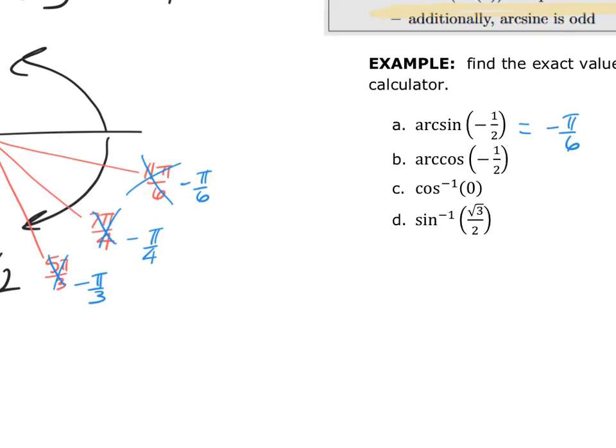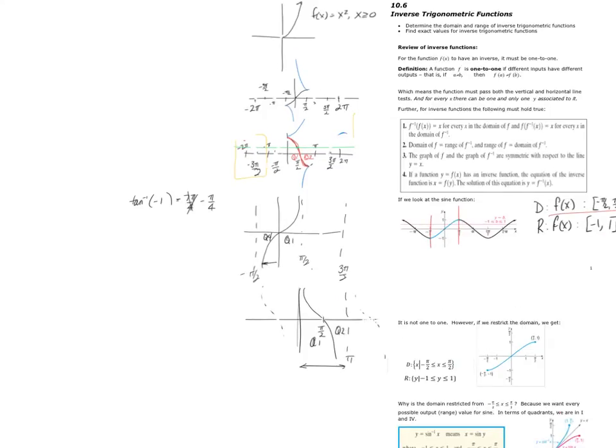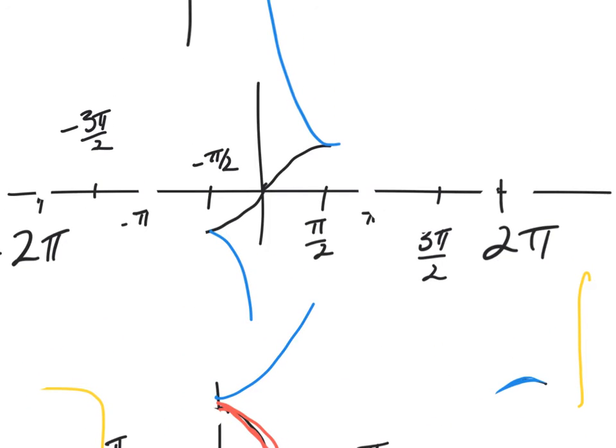Because if you were to graph these, we go back up to the sine that we graphed. Here's the interval I get for sine. If I'm looking at 11 pi over 6, here's where 11 pi over 6 is. Is that in that interval? No. But is negative pi over 6 in that interval?